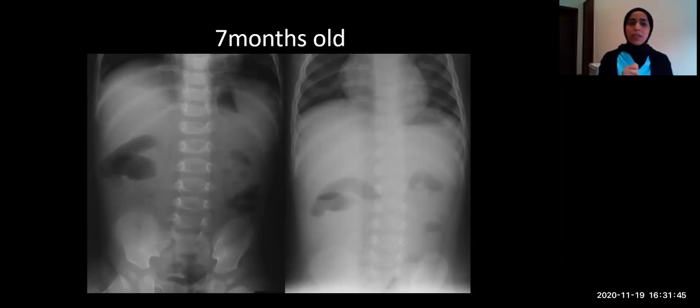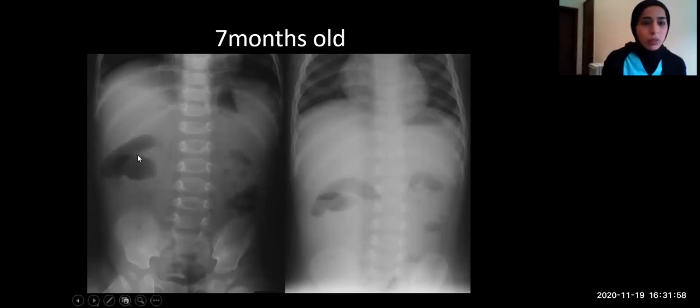Featureless means they are not showing the typical haustration or folds of the small bowel loops, and they have a sausage-type appearance. These are very unhealthy loops, which should be described carefully, and you should look for any other associated signs of bowel obstruction. Furthermore, you can see in the erect radiograph that the similar loops show air fluid levels.